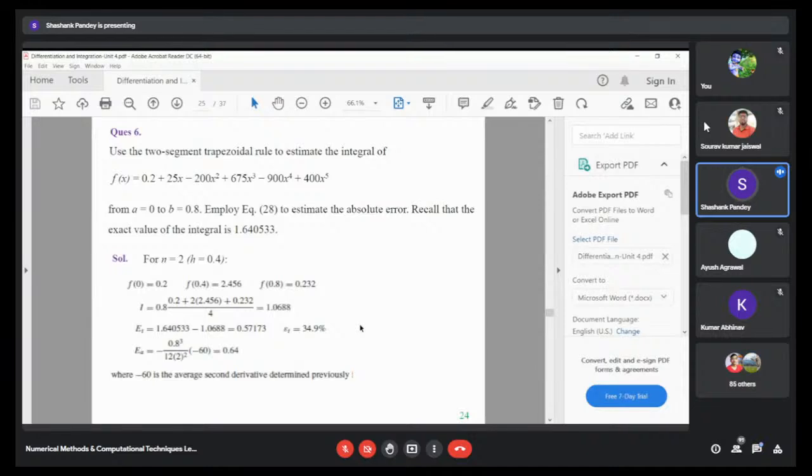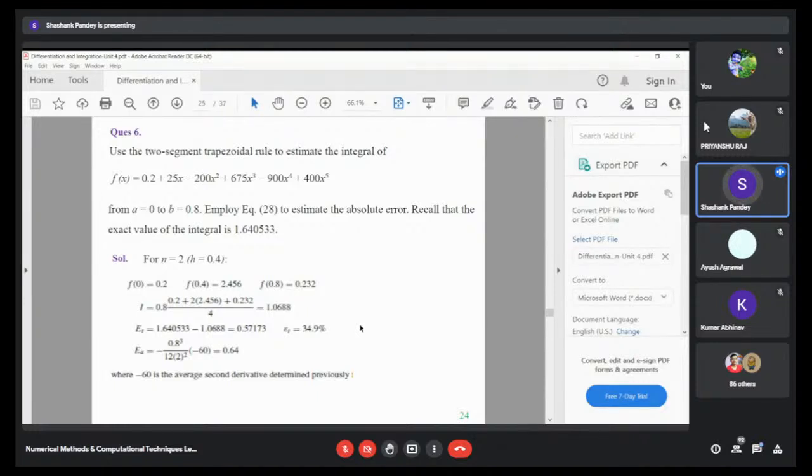So you see that we have simply added the value of the function at the extreme points. However, we have multiplied with a factor of 2 the values lying between the extreme points. So this comes out to be 0.0688, and if we compute the exact solution, the percentage error comes out to be 34.9%.